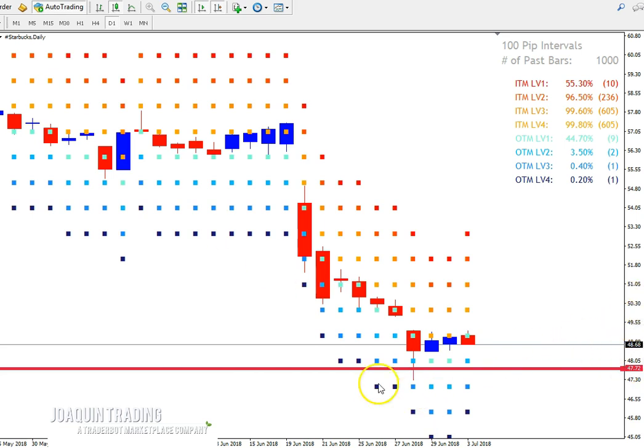But when price gets down here to a support level or a resistance level, one thing you want to know is how far is price likely to move during this bar, like during this daily bar? How far is price likely to move even if it drops here or rises here? Well, the high fives will show you that.